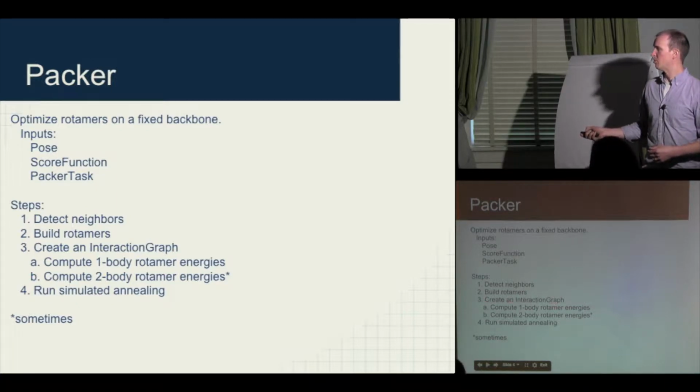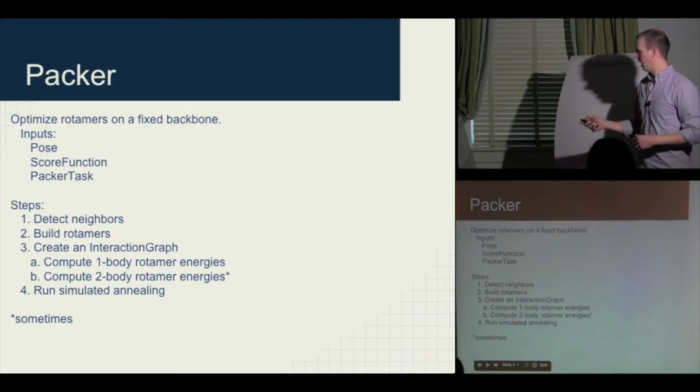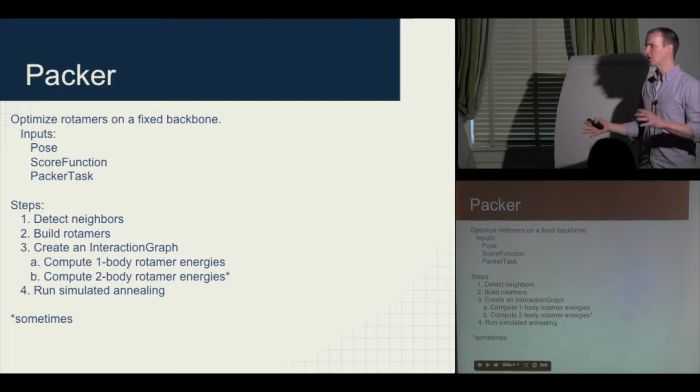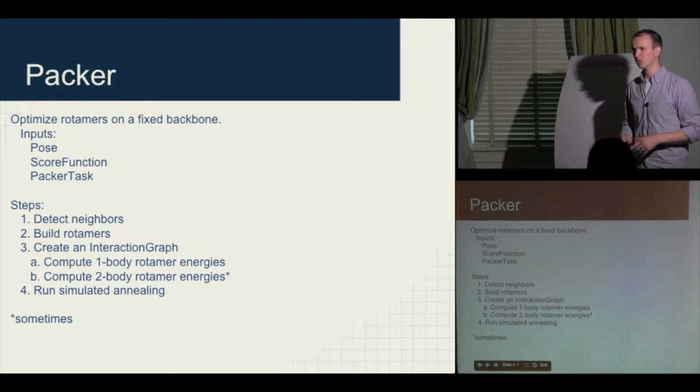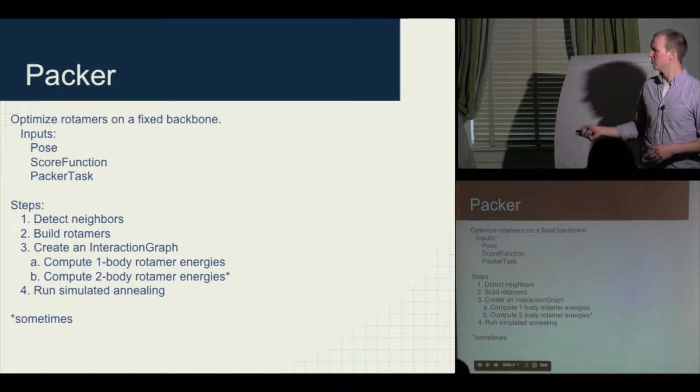So when I say pairs of rotamers, pairs of residues. The nodes in this graph are residues, designable or modifiable positions in the pose. And then the edges are the existence of an interaction between them. In this step, when you create an interaction graph, you compute these two things called one-body energies and two-body energies, though you don't always compute the two-body energies in this step.